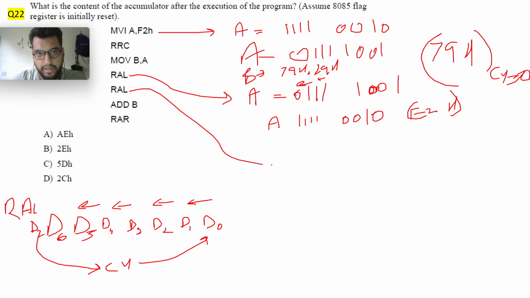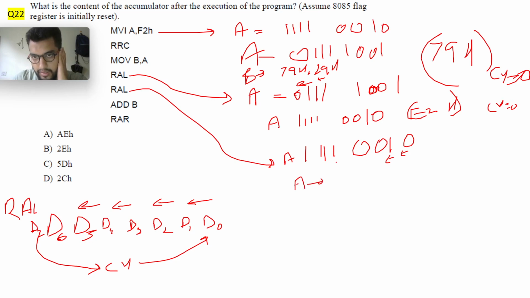After that is RAL again. So F2, it will be shifted. I'll write F2 here first. So it will shift like this, and carry is still 0. So it will shift towards the left by 1. So A will be 1110 0100.